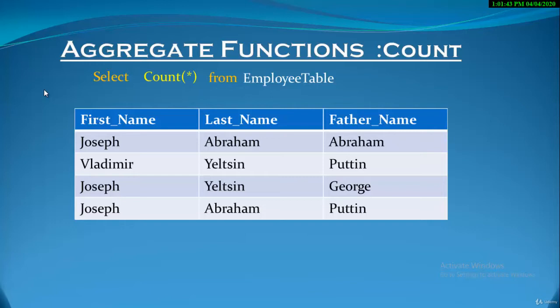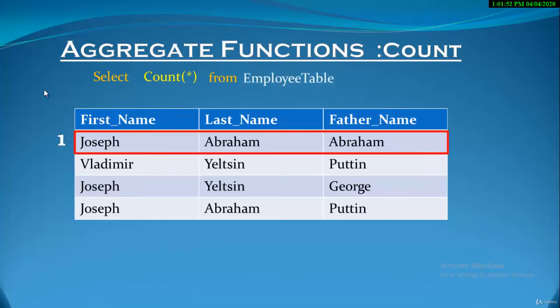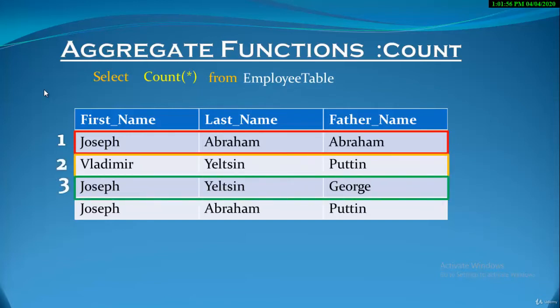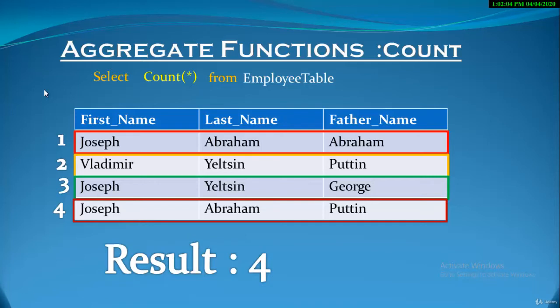When you execute this query, it will count the total number of rows of employee table, like 1, 2, 3, 4, and it will return you the result as 4. Okay, got it?